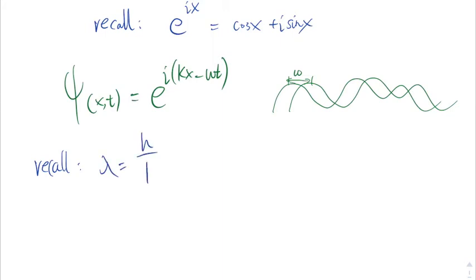So before that, let's recall a physics concept. The de Broglie wavelength is equal to the Planck constant divided by the momentum of the object. This is called the de Broglie equation. It says that all matter in the universe is both wave and particle, wave-particle duality.